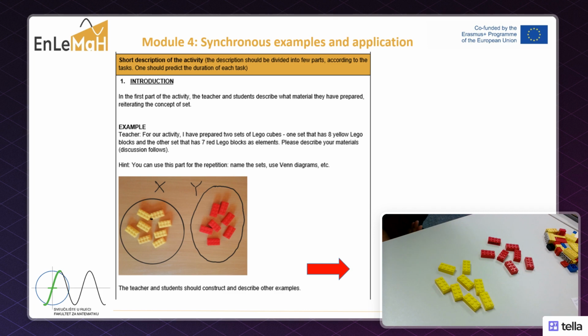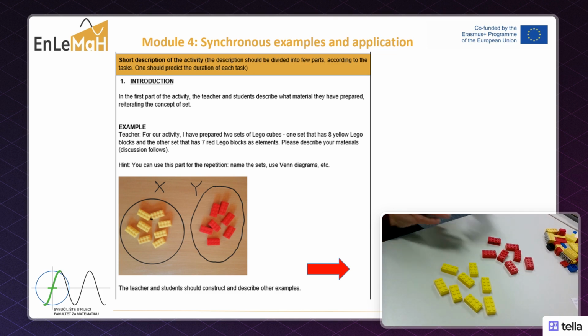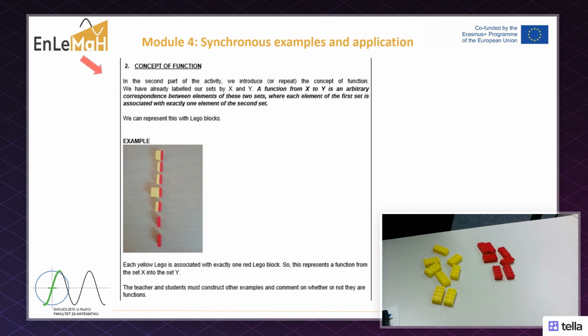For our activity, I have prepared two sets of Lego blocks. One set consists of 8 yellow Lego blocks and the other set has 7 red Lego blocks as elements. In the second part of the activity, we introduce the concept of function. We use Lego blocks to demonstrate this.